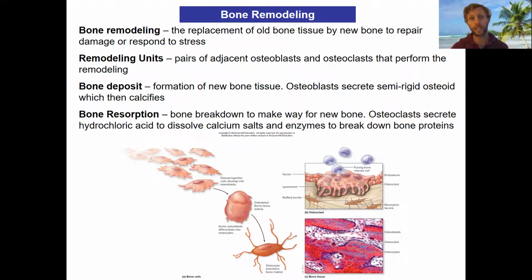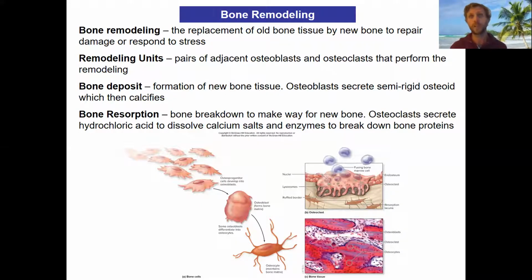The idea of secreting that acid is that it dissolves the mineralized, calcified matrix of the bone tissue, basically now softening it. Those osteoclasts then also have the ability to secrete a bunch of enzymes, and those enzymes can then break down the proteins that you find in the osteoid or matrix of the bone tissue. So if we get rid of the calcification and those major proteins, we have basically dissolved away that older bone tissue.